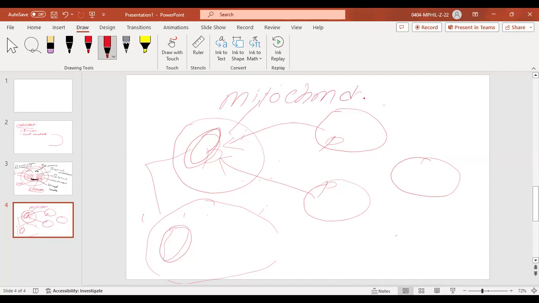So according to scientists, this mitochondria was a bacterial cell in the ancient, primitive time. And this bacterial cell was incorporated into the larger prokaryotic cell and became part of its structure.